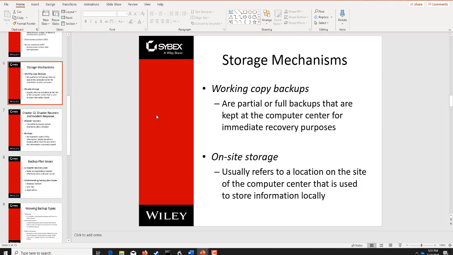The problem with disk to disk is most of the time you're moving the data from one disk to another disk, potentially in the same SAN, or if you're lucky, across a local area network or metropolitan area network or wide area network to another location, somewhere off-site. But most of the time when we're talking about disk to disk, that is on-site storage, on-site backups. And then there's a problem with that, especially if we have a natural disaster that occurs. And on-site storage usually refers to that location where the data center is, where the data is, where normal operations occur.